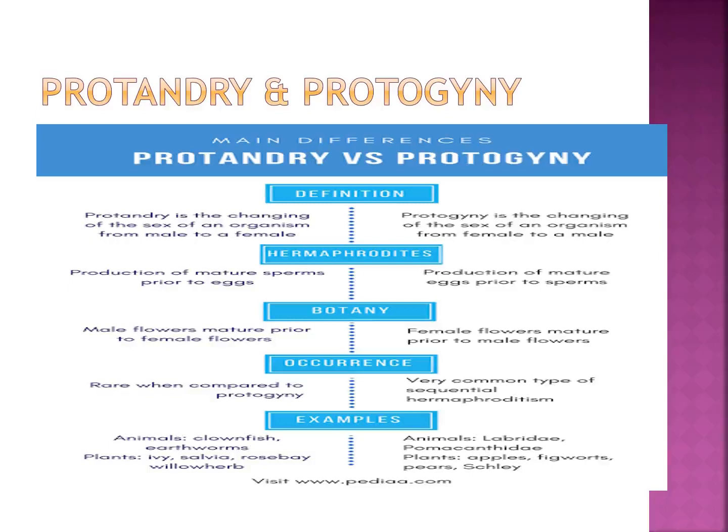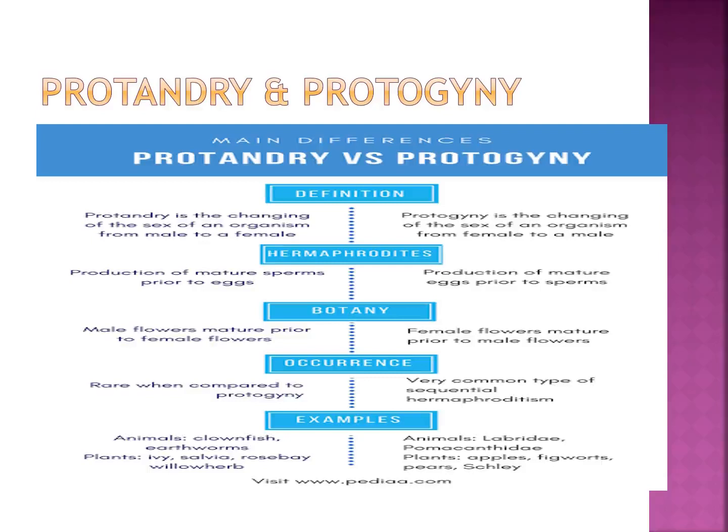Then hermaphrodites, the production of mature sperm and mature egg. In botany, male flowers mature prior to female flowers, and female flowers mature before male flowers. Protandry is rare when compared to protogyny, which is the very common type of hermaphroditism.